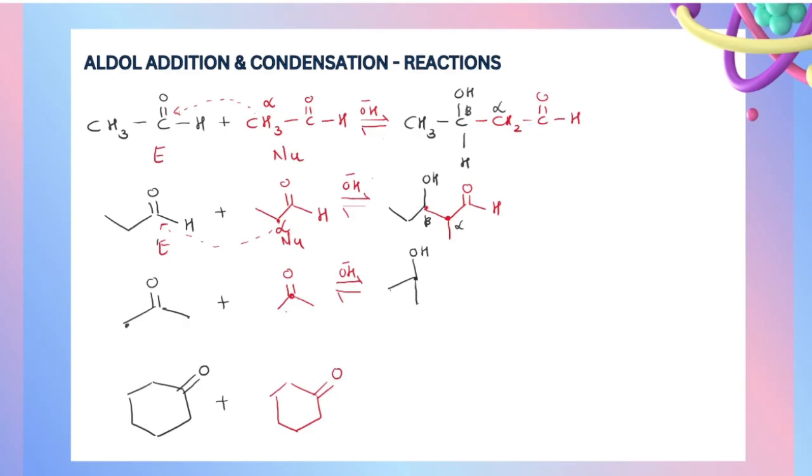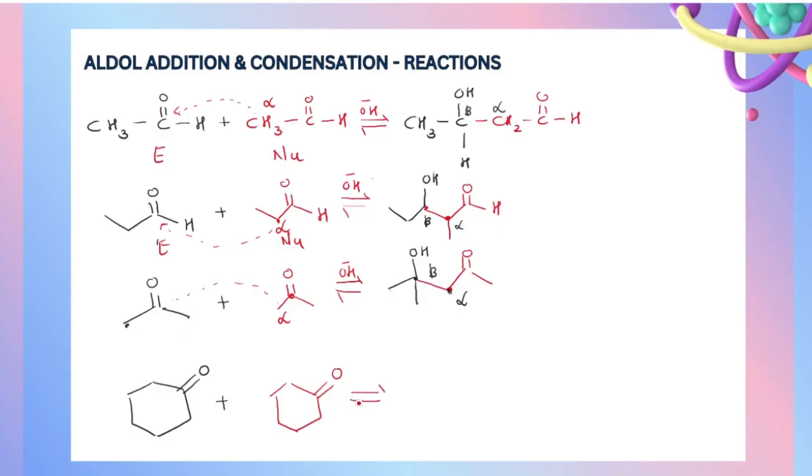Check for the alpha carbon. This is the alpha carbon, right? So, if this is the alpha carbon, then COCH3. Now, count the number of carbons: 1, 2, 3, 4, 5, 6. And check whether it is beta hydroxy. If this is alpha, this would be beta, beta hydroxy product.